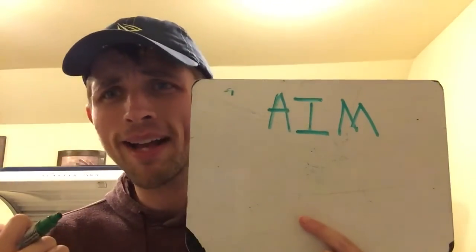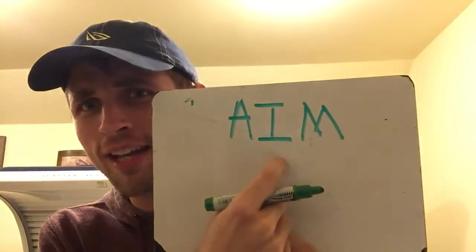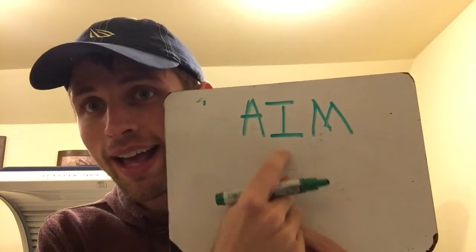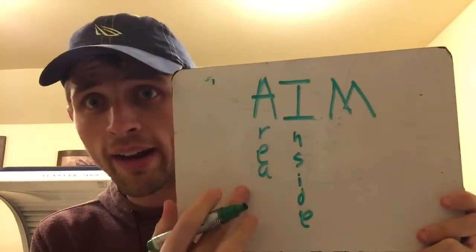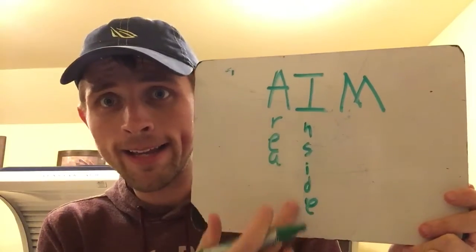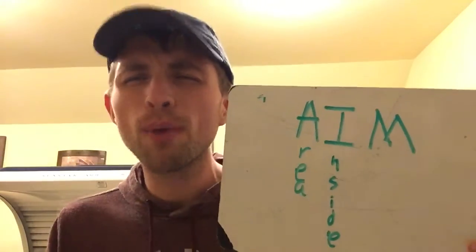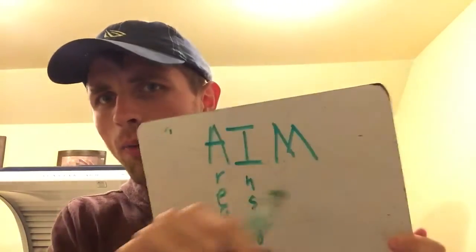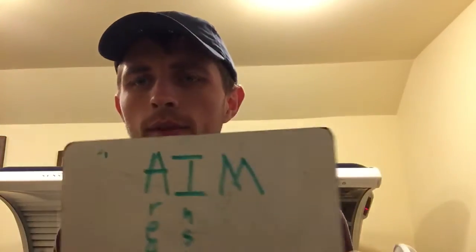Now, if perimeter takes place on the outside, what do you think the I stands for? Inside. I stands for inside. So the A stands for area, the I stands for inside, and if for perimeter you add, what do you think this one stands for again? Multiply, right?